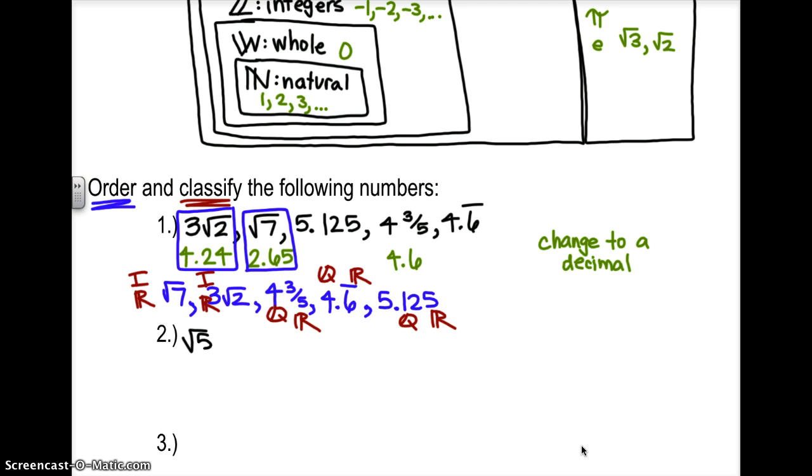Your first one is the square root of 5, pi over 2, negative square root of 3, 1.3 repeating, and negative 1 1/3.